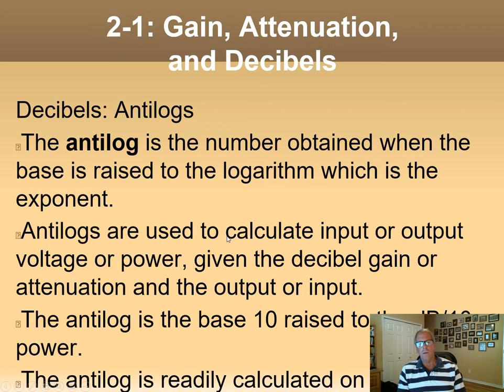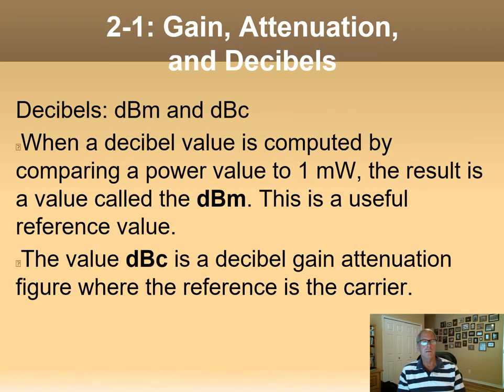Antilog is where you go the other way. It's 10 to the x, so it's the opposite of log. Okay, and then decibels. If you reference the value to a milliwatt or the carrier, where the reference is the carrier power.